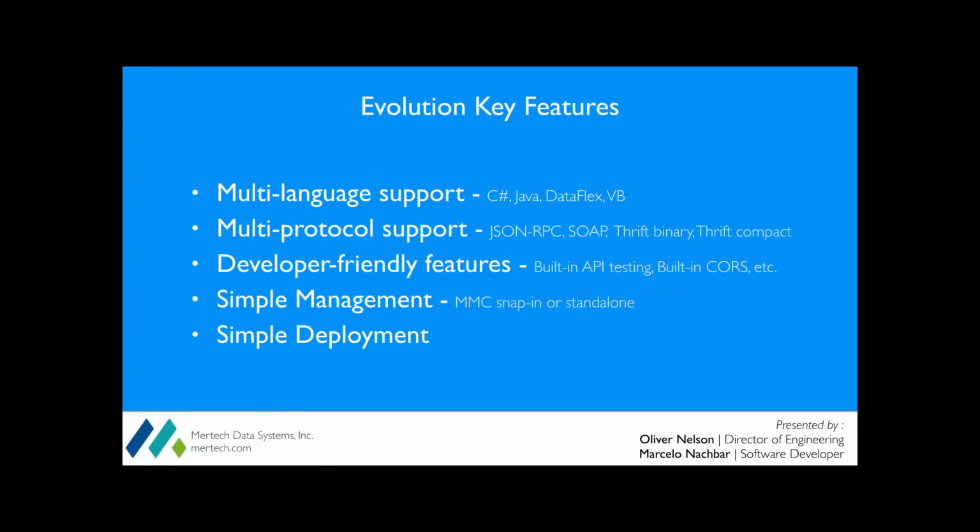JSON RPC is very similar to XML RPC, which is a remote procedure protocol that's been around for a long time. JSON RPC is meant to get rid of some of the difficulties associated with XML and replace those with JSON, of course.